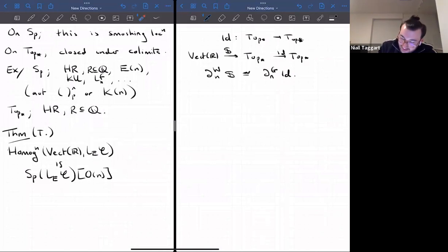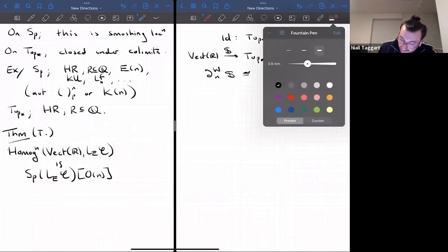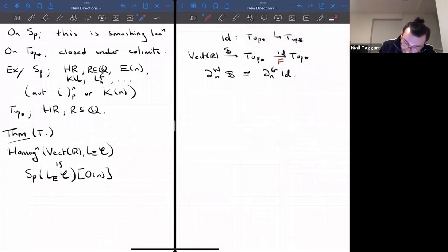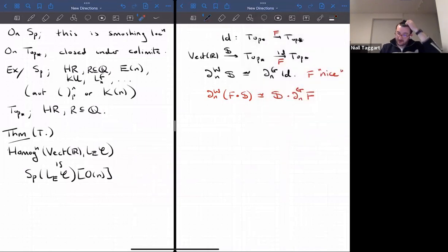And if you replace the identity here with some functor F, then you get that the Weiss derivatives of the composite are the restriction along this guy of the Goodwillie derivatives of your functor, if F is nice in some precise sense. So I think analytic is the required condition. If that answers your question, it may not.